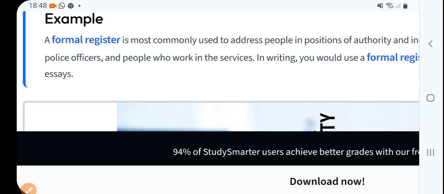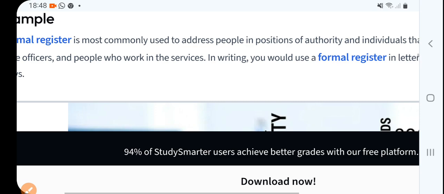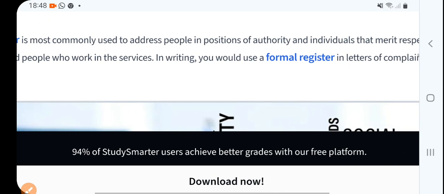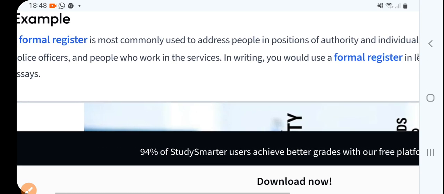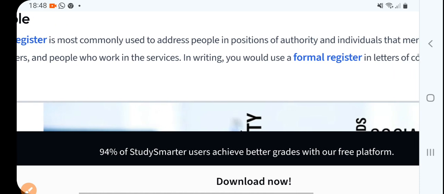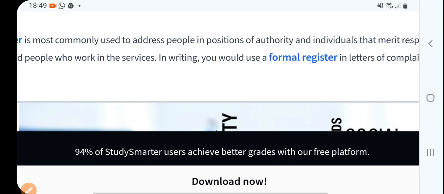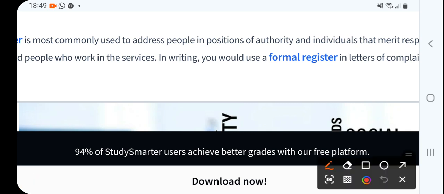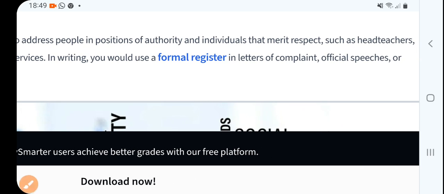So the formal register is mostly used to address people in positions of authority and individuals who merit respect. When we talk to authority, we show respect.